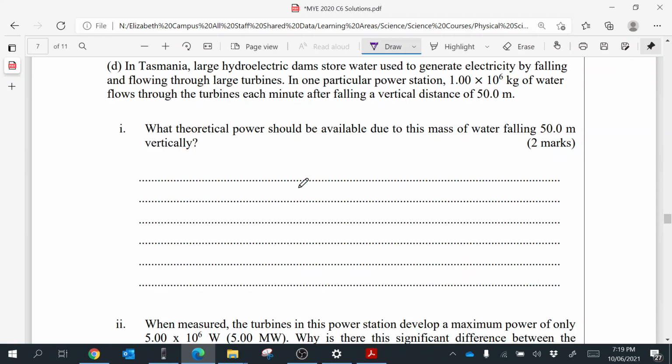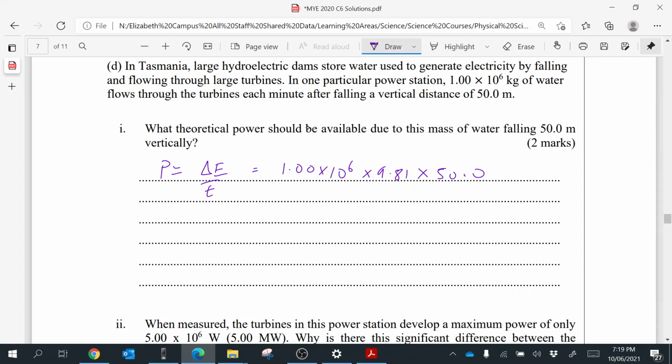Okay. What theoretical power? Okay. P equals change in energy over time, which is equal to mgh, so 1.00 times 10 to the 6 times gravity times 50.0.